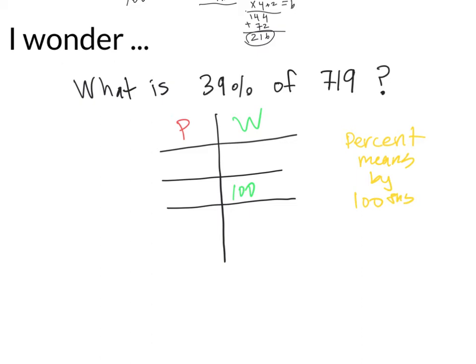Okay? You are literally saying by 100ths when you say percent. Per equals by, cent equals 100. Okay? So that is why we put 100 as the whole.